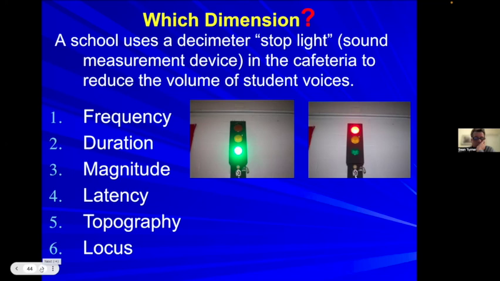If the light turned from green when the decibels got up to, and I'm guessing here, maybe 75 decibels, the light would turn to yellow, and louder than that, it would turn to red, and they would be losing points toward an extra dessert for free for the whole cafeteria, that sort of thing. Well, actually, we want to focus on the positive. While the green light's on, they're earning points toward that special privilege.